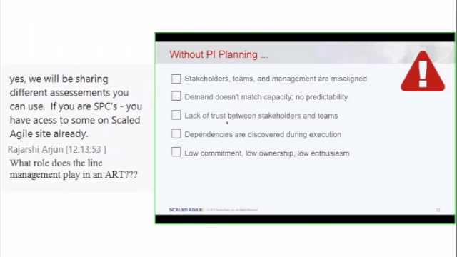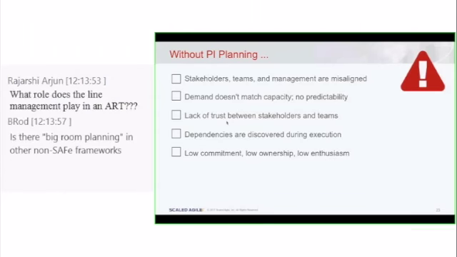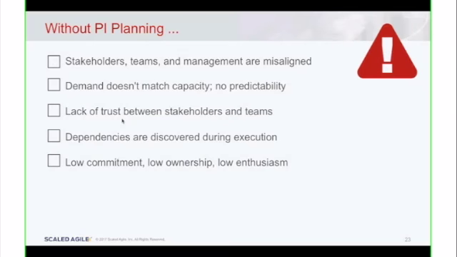And I would say that the one that I see quite a bit is this third one, lack of trust between stakeholders and teams. So what happens is stakeholders see, like 120 people, and they're going, gosh, how come it's so hard to get any kind of value out when we got so many people, we got such a huge payroll? And it's not until they roll up their sleeves and participate in the planning that they see all the interdependencies, they see all the technical debt, right?